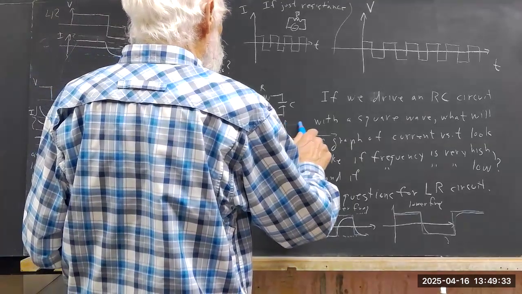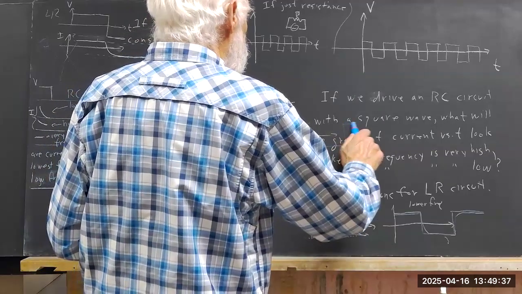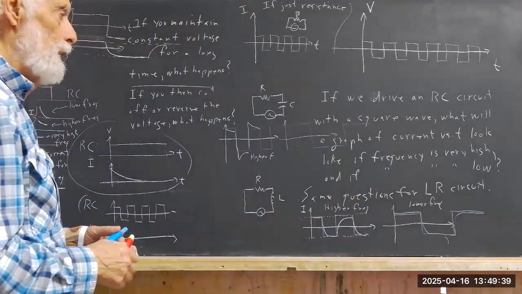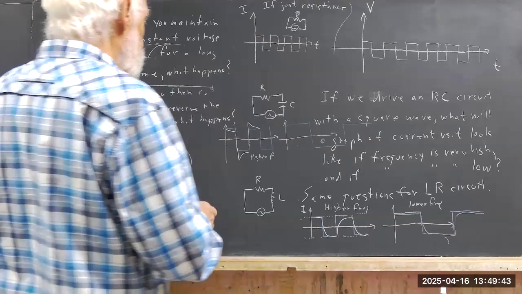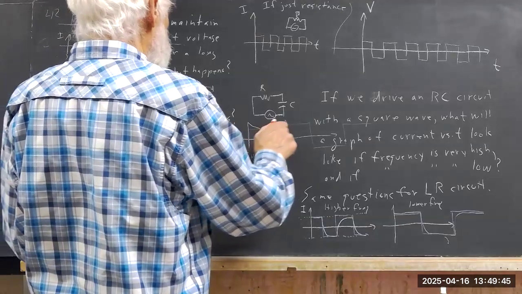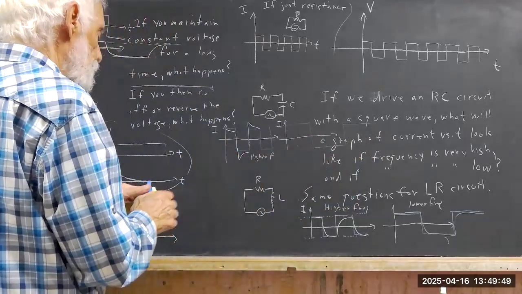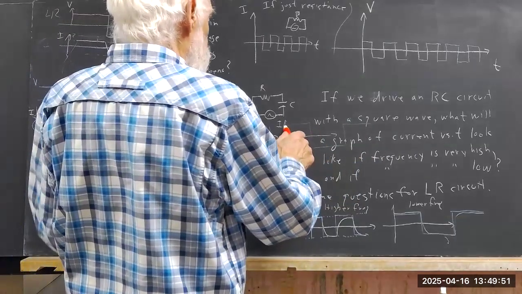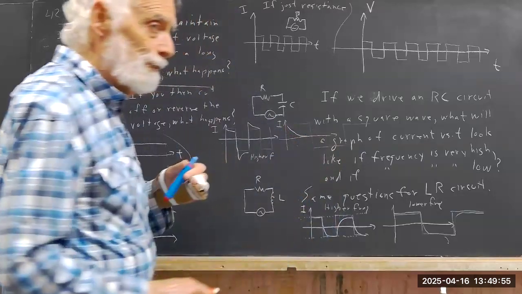Then lower frequency, I'm going to get pretty sloppy with where this graph is. If you've got a lower frequency, then here is the configuration of your current. And this would be current. Implicitly, time is on the horizontal axis. You've got a low frequency, then you've got plenty of time for the current to practically disappear.